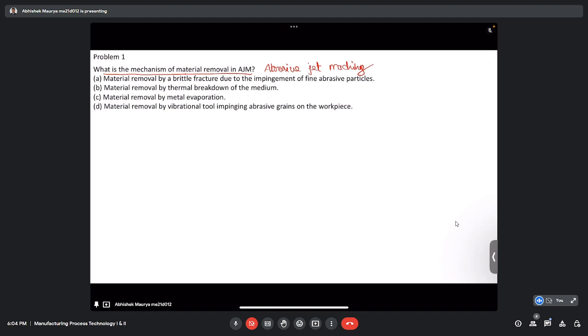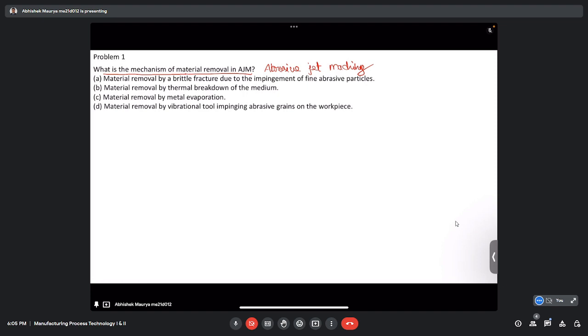It is a non-conventional machining technique. And if you remember, the aim of machining was to remove some material from the given component, and to achieve the required shape along with correct dimensions and good surface finish.